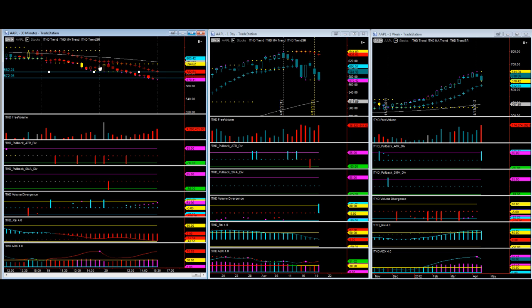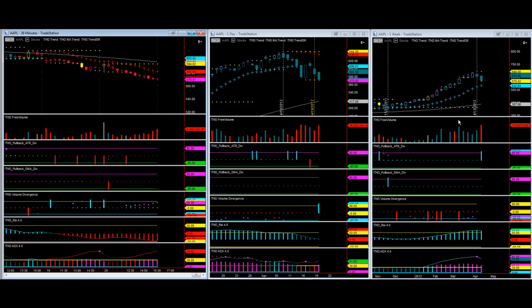Now, one of the reasons that I knew to look for these divergences was the fact that on the weekly chart we were overbought. The ADX was above 70 and had been for an extended period of time, as was the RSI, which was over 50. Both of these indicators together were confirming that we were probably going to see a pullback in Apple.